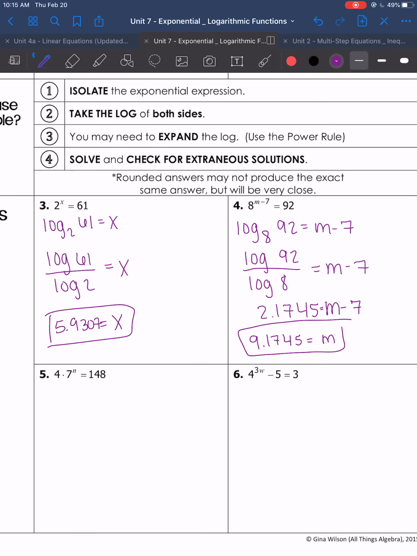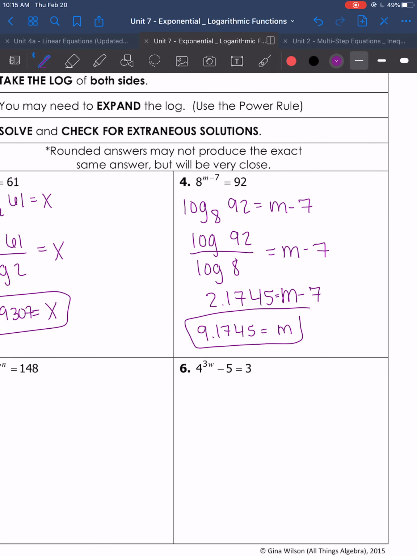So let's do number 6. We want to isolate this exponential first, so we're going to add 5. So I get 4 to the 3w equals 8. I'm going to have log base 4 of 8 equals 3w.